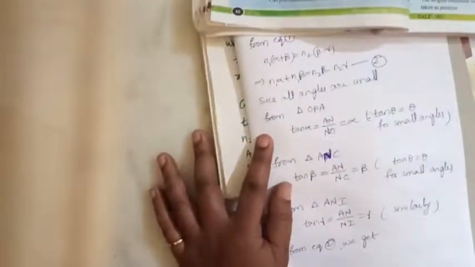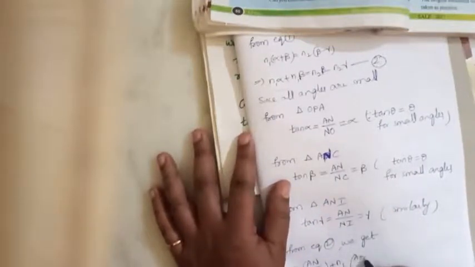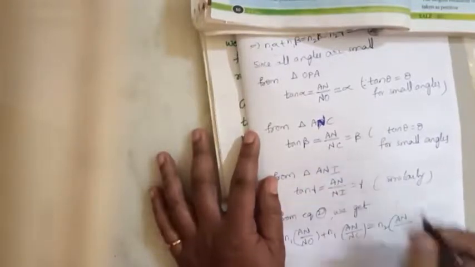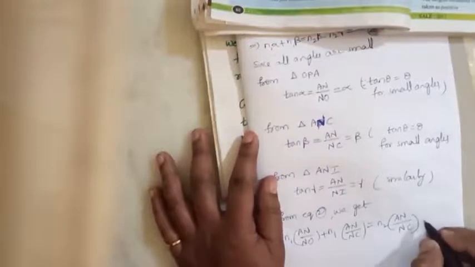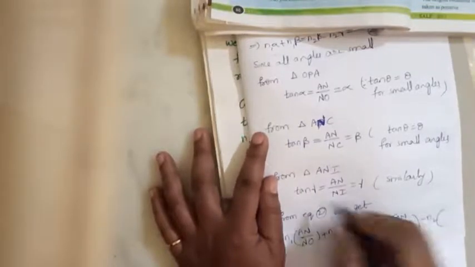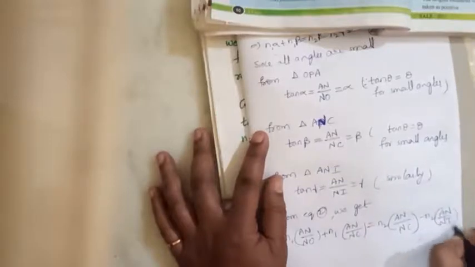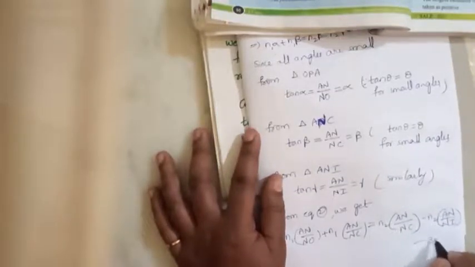In the N1, alpha means AN by NO, so this I am substituting, plus N1 beta means AN by NC I am writing, is equal to N2. In the place of beta I am writing AN by NC, and in the case of minus N2 into gamma, in the place of gamma I am writing AN by NI. So like that we will get equation number 3.